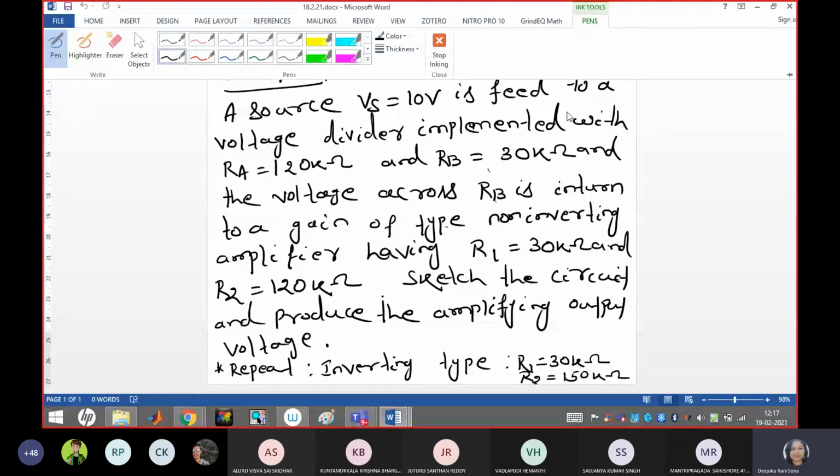Then sketch the circuit and produce the amplifying output voltage. Then part B is that repeat the same question in the inverting type with R1 and R2 values provided as 30 kilo ohm and 150 kilo ohm. I hope you have noted this question.